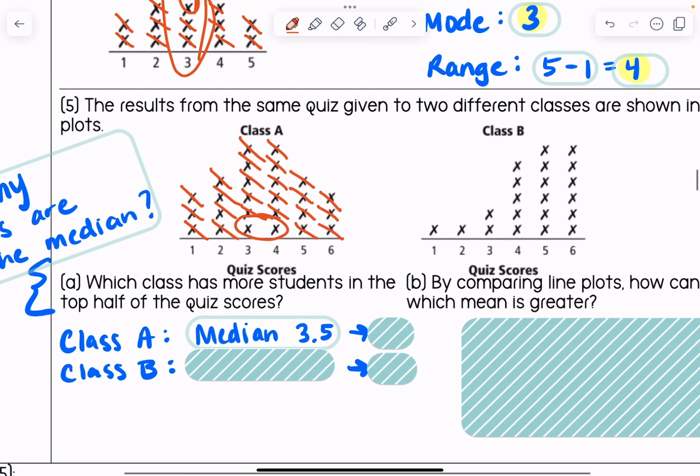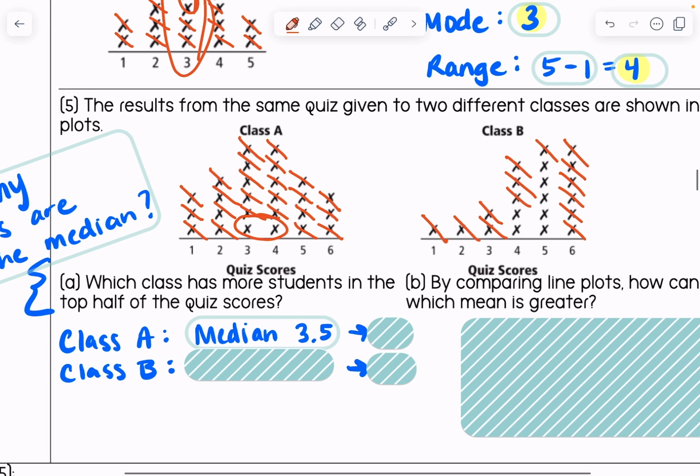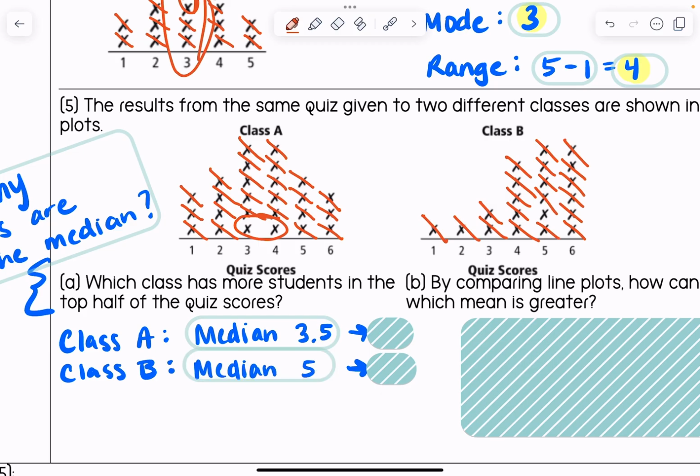Let's do that for class B. This is where it gets tricky. And we're left over with 5.